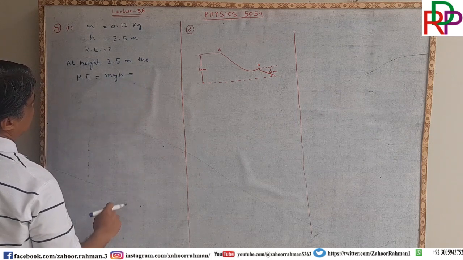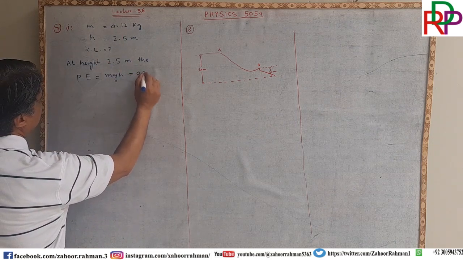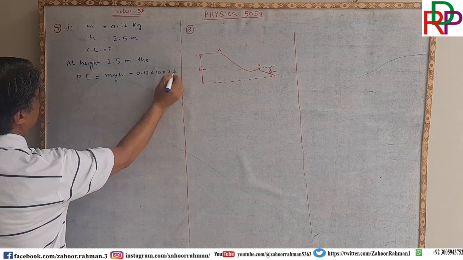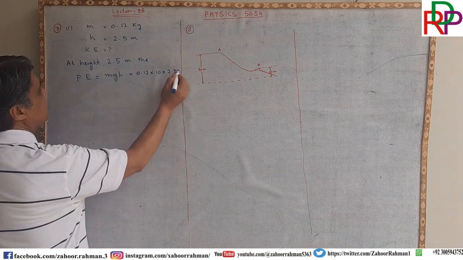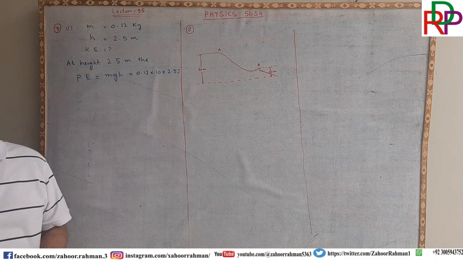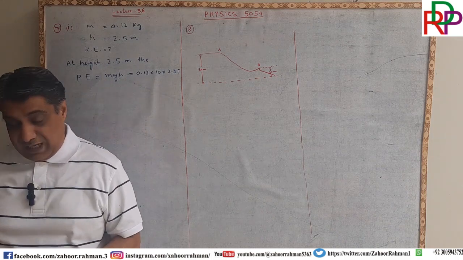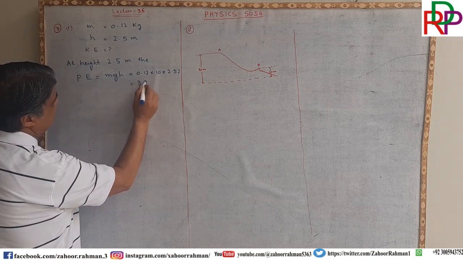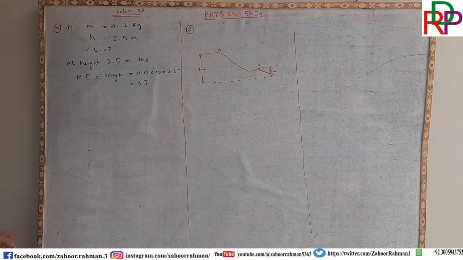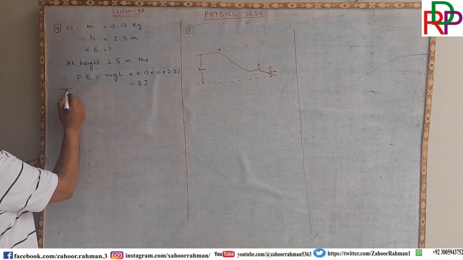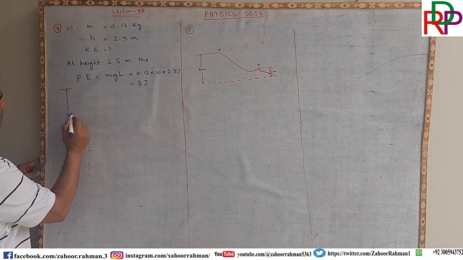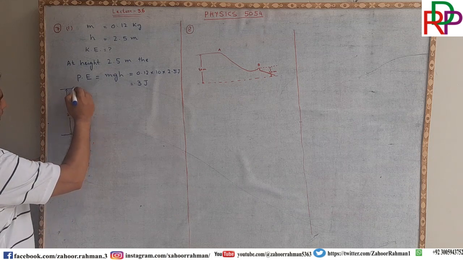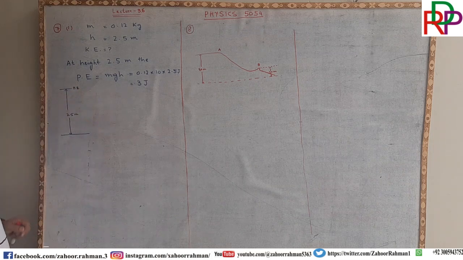So we are putting these values: 0.12 into 10 into 2.5, and the unit of potential energy is joule. So we are calculating these things, that is 3 joule. So at height, which is at 2.5 meter from the ground, here we found the potential energy.